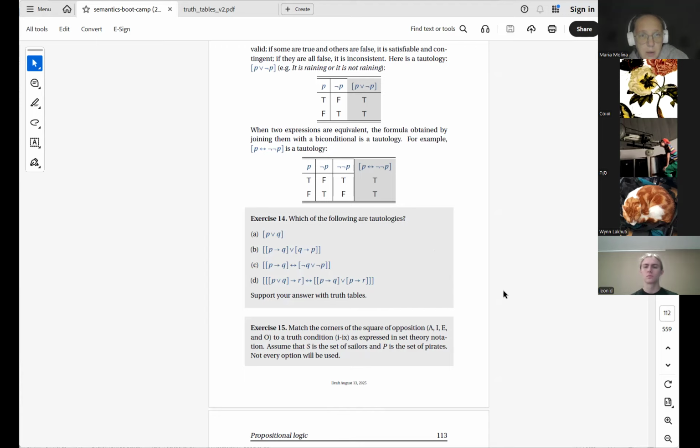Yeah, the tautology in C would be a tautology if the two expressions are equivalent. Are they equivalent? What is the equivalent of P to Q?